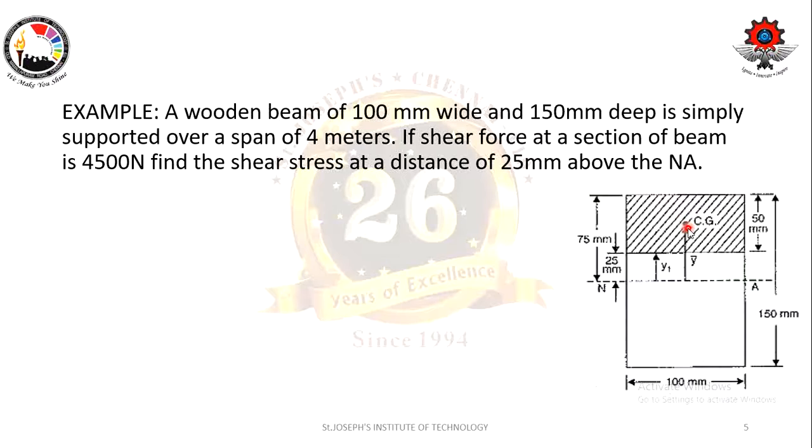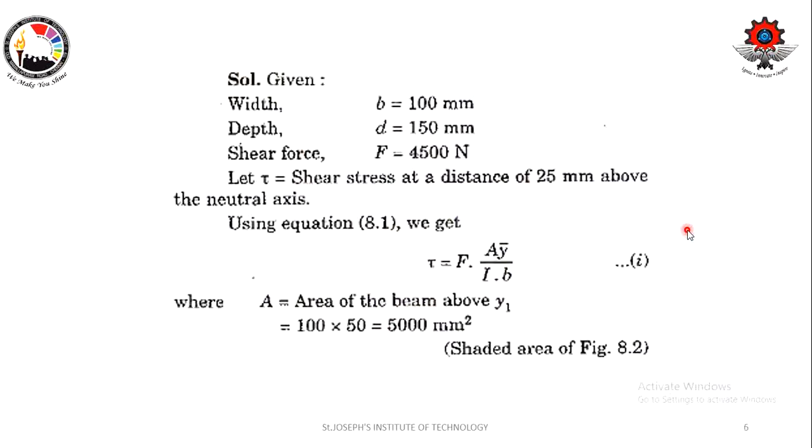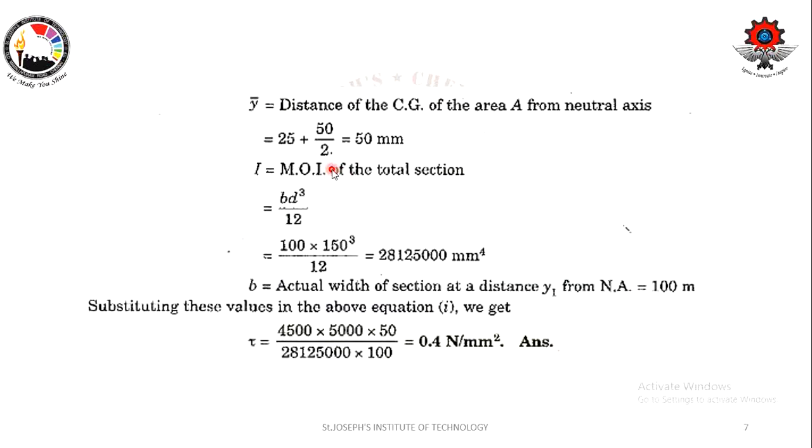So if this is 50, the CG will lie at 25. We already know the distance from the neutral axis is 25. So the distance of the CG of the area from the neutral axis is 25 plus 50 divided by 2, that is 25, which gives you 50.